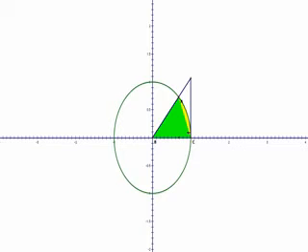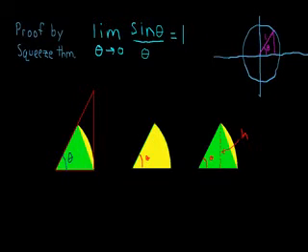By construction, the great big triangle contains the yellow sector, which contains the green triangle. So the area of the big triangle is bigger than the area of the sector, which is bigger than the area of the green triangle. Let's keep that logged in the back of our mind.